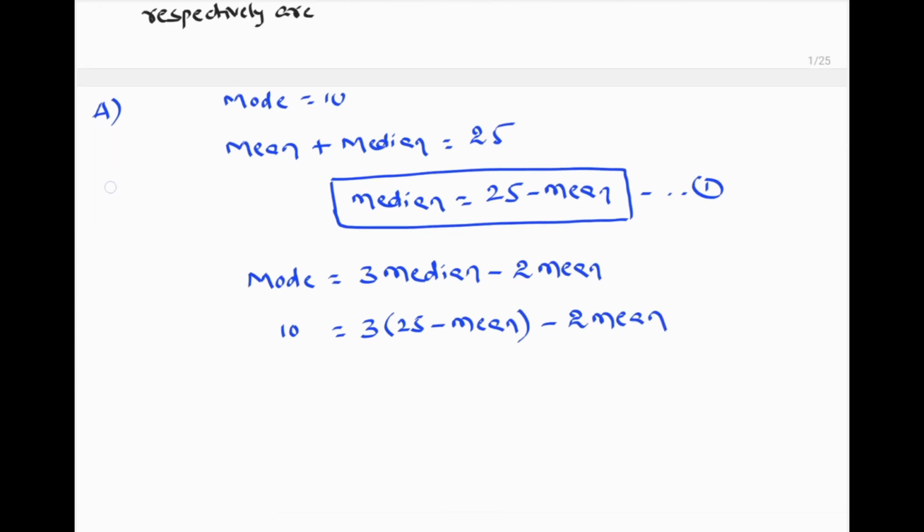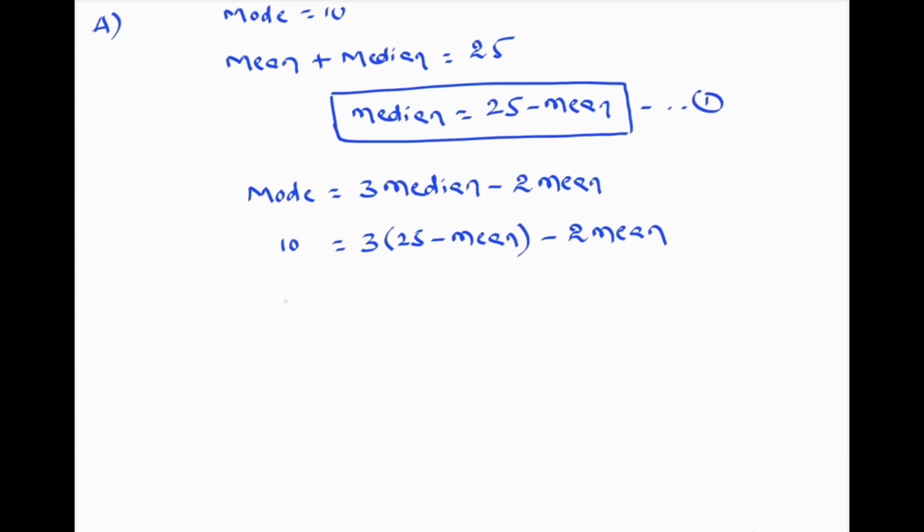Okay, on simplification 10 equals to, so 75 minus 3 mean minus 2 mean. Therefore 10 equals to 75 minus 3 minus 2 na? Minus 5 mean. Here we have to find mean na?